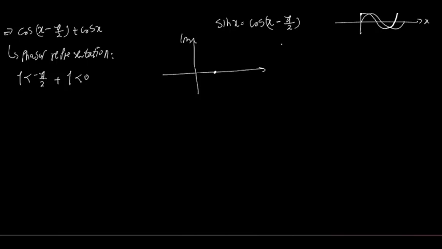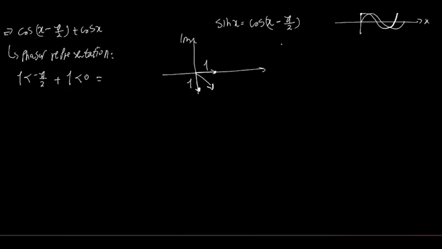And 1 and negative pi over 2 is just this one, because we know that this is negative pi over 2. We know that this length here is 1, and this length here is 1. So we need to find the resultant, or the summation, of that. The summation is going to be like that. We have that here and that here, so this is going to be the summation, right?